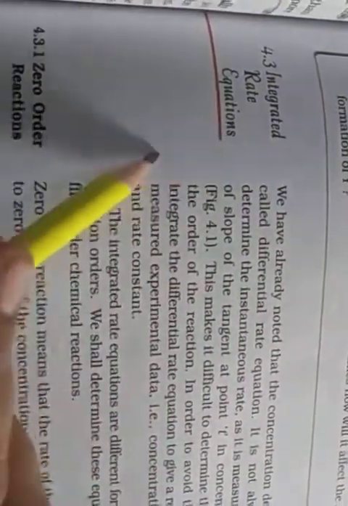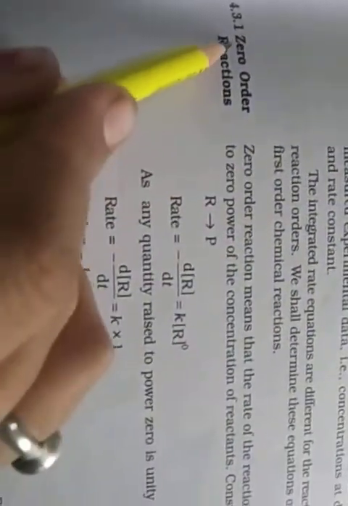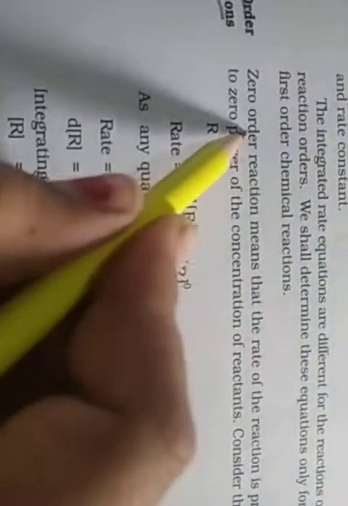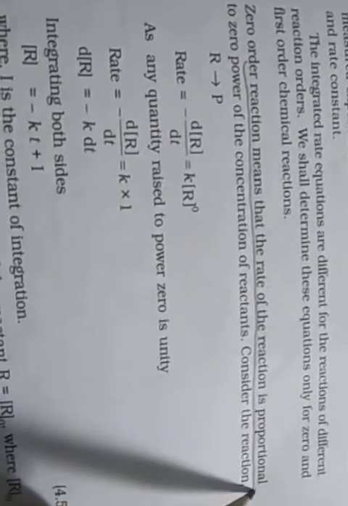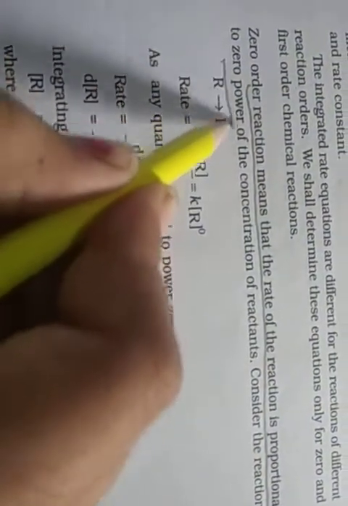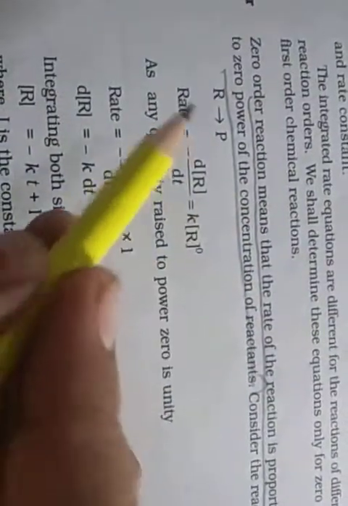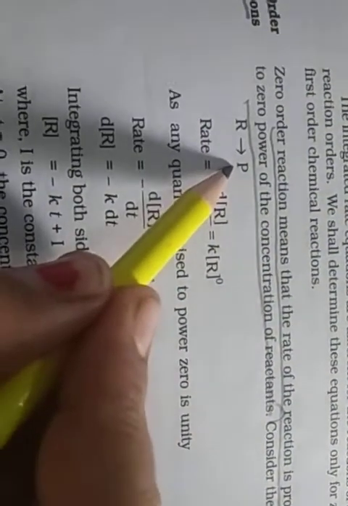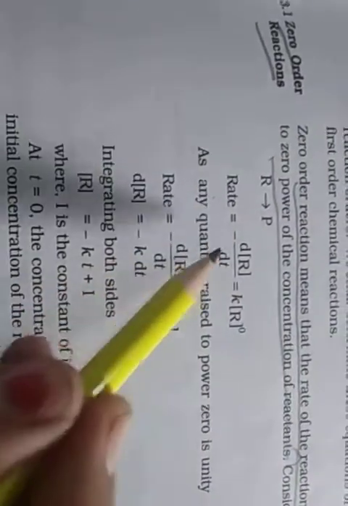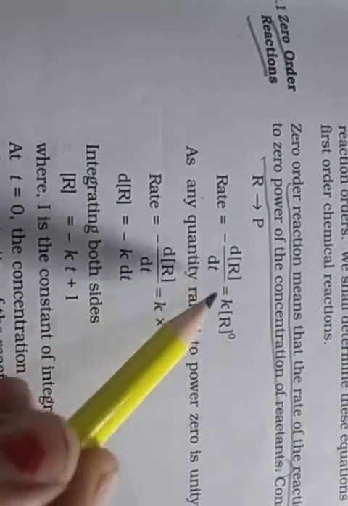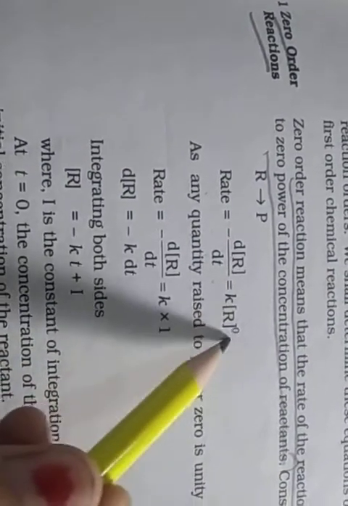Now the integrated rate equation for a zero order reaction. What is the meaning of a zero order reaction? It means that the rate of reaction is proportional to the zero power of the concentration of the reactant. Reactant converts into product, so rate is equal to minus d[R] upon dt is equal to k[R] to the power 0.